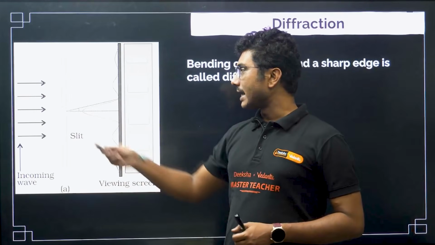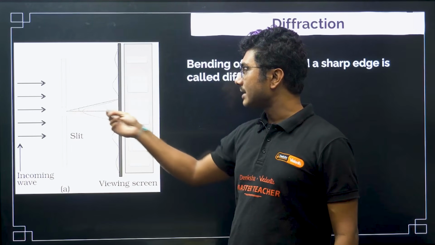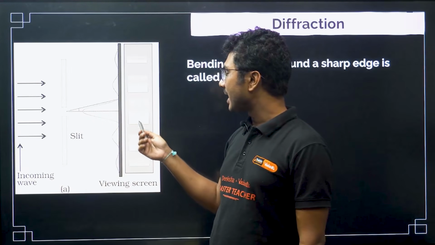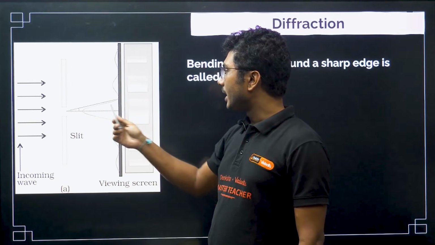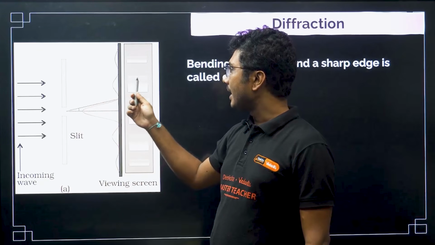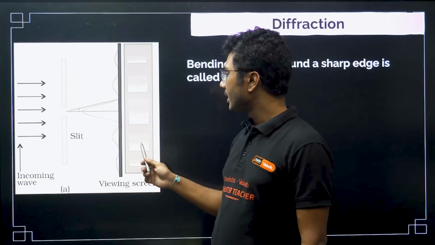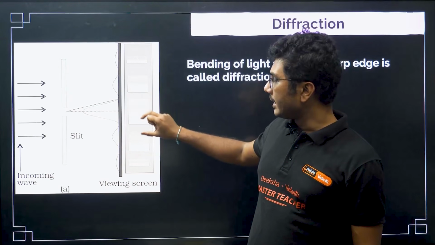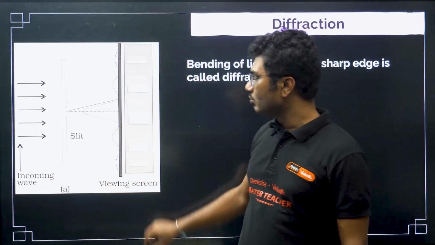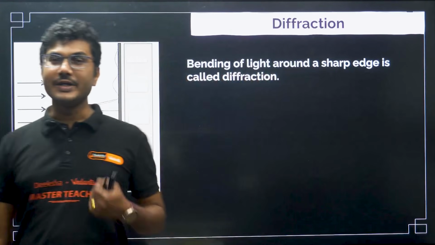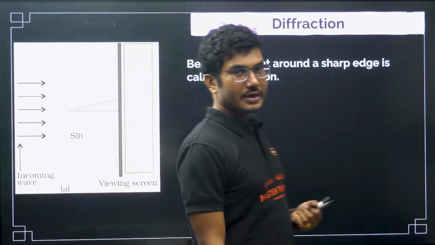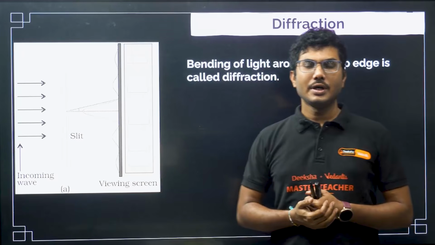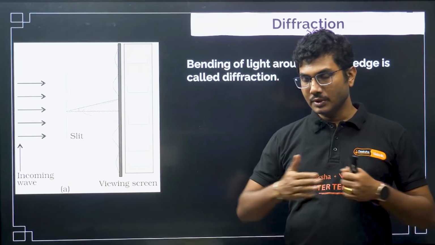And what happens is that, as you can see, you are supposed to get maximum light in this region, which is already happening. The intensity of light is maximum at the center, but some light is bent and it is coming over here, but the maximum intensity is at the center and the intensity slowly decreases as you move up and down. In case of interference, the maximum and minimum intensity are constant throughout the spectrum.